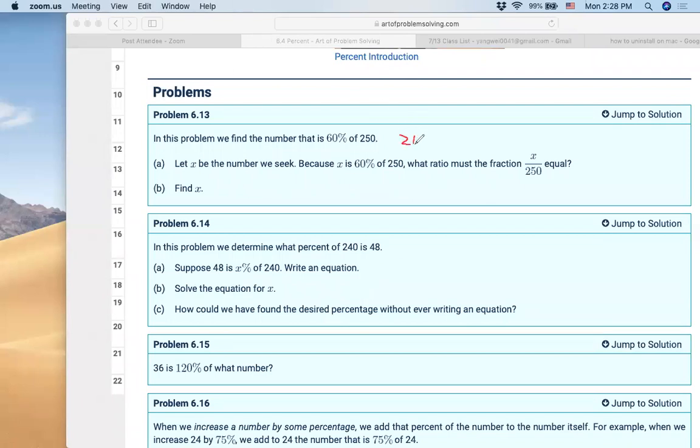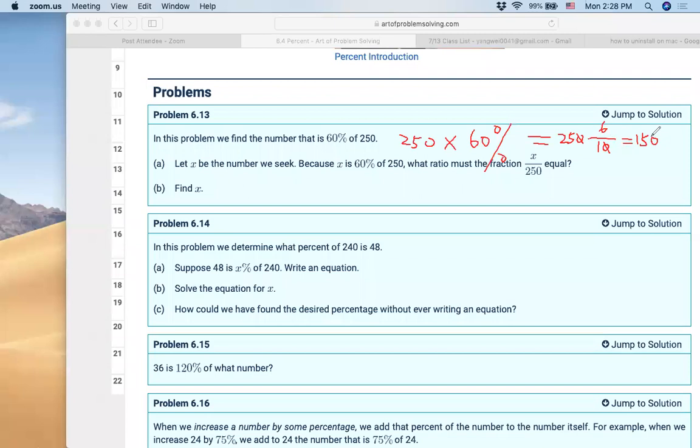So you use 250 times 60%. You need to simplify: 60% is 60 over 100, that's 6/10, right? So this 10 cancels out. You get 25 times 6. So that's 150. So that means 60% of 250 equals 150.